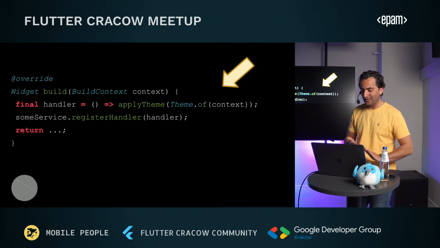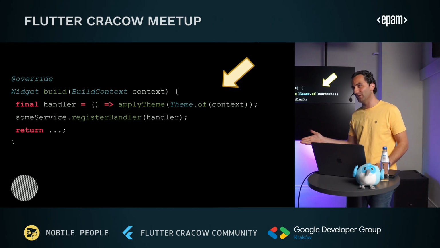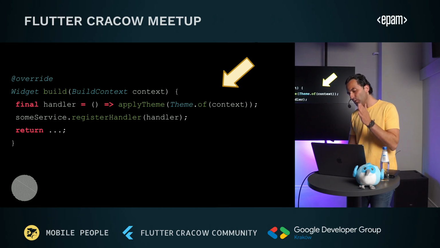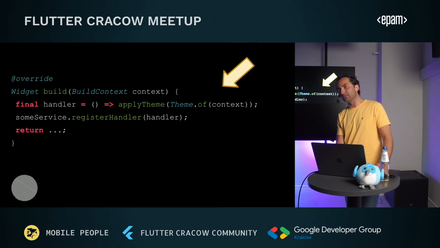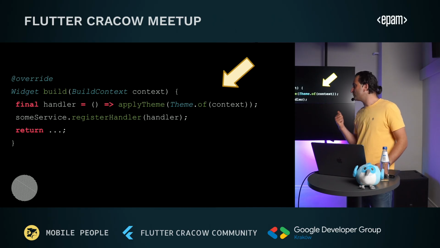The context object in Flutter is supposed to be a short-lived object. When you pass that to a callback like this, after the widget is swapped away or removed from the screen, the reference to the context, because it's in the callback, cannot be removed, and therefore the context will not be garbage collected.